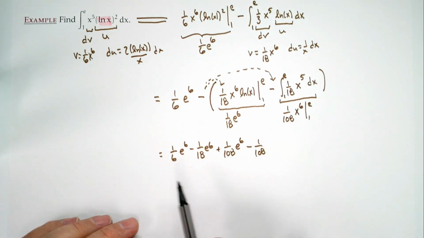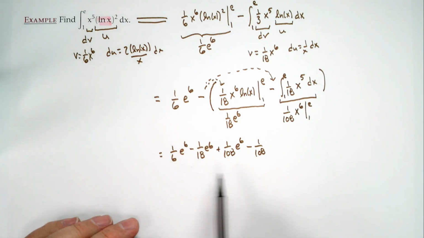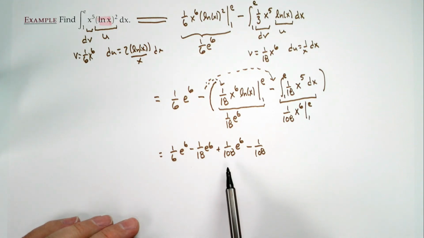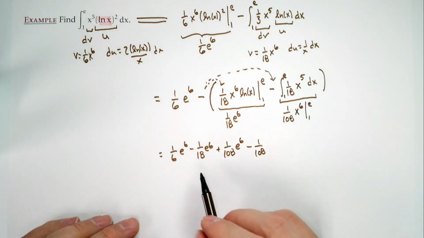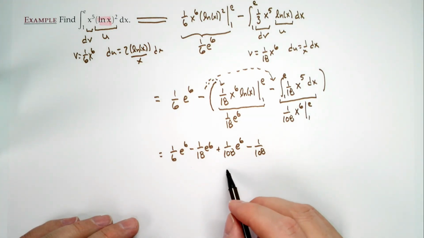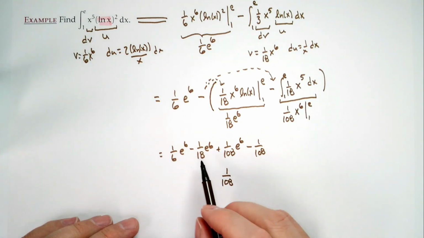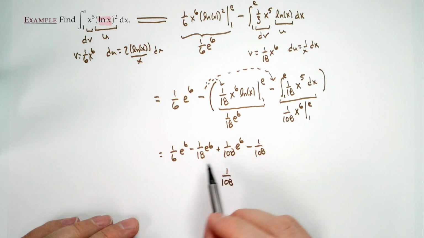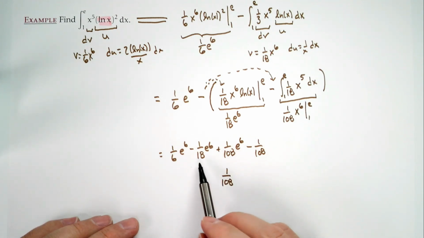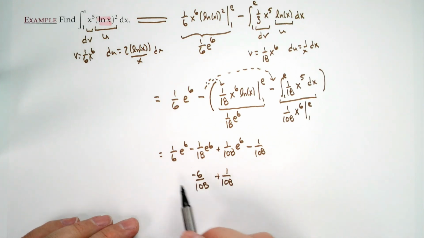Now if you wanted to make this look pretty, you could say, I want a common denominator. Well, what's common? 108 is common. To get from 18 to 108, you multiply by 6, so this is minus 6 over 108.